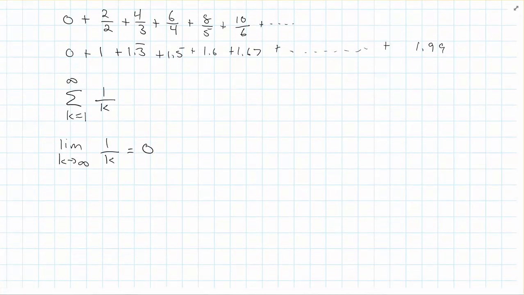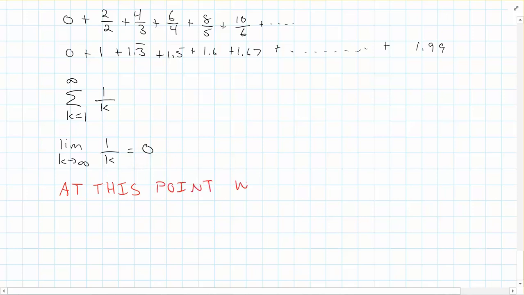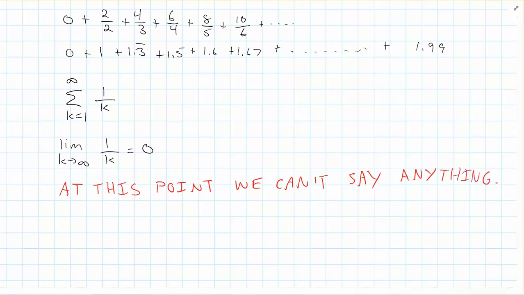Well, basically, at this point, we can't say anything. Now, what do I mean by we can't say anything? Well, the only test we have at this point is the divergence test, and it only tells me if something diverges.